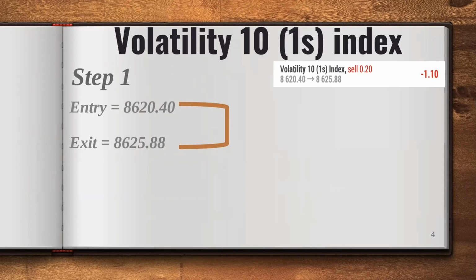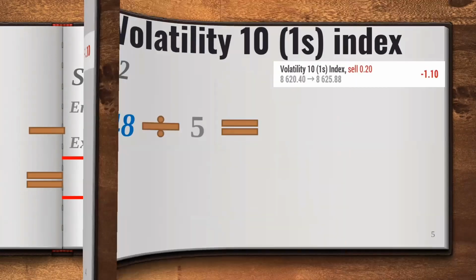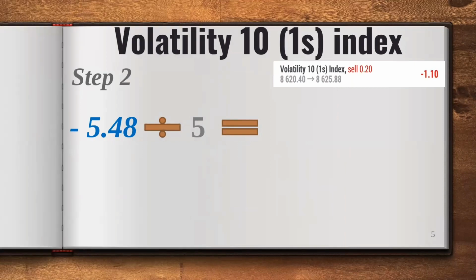So in this case, if we take our entry of 8620.40 minus 8625.88, we will get minus 5.48. Then we will divide our answer by 5. So for this case, it will be negative 5.48 divided by 5.